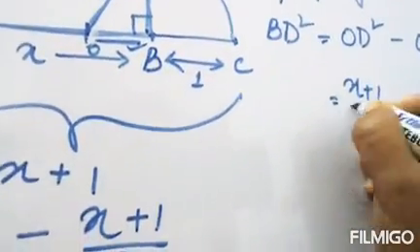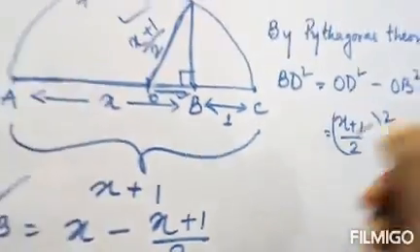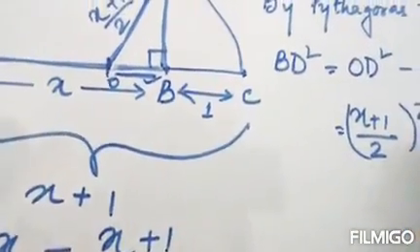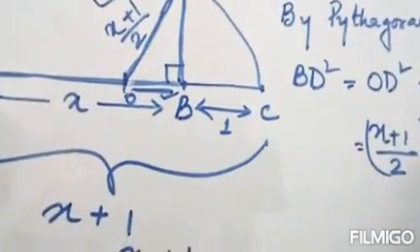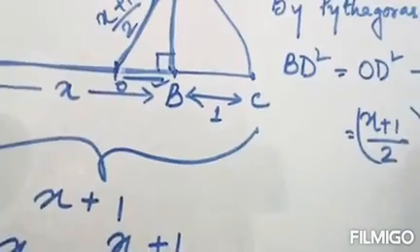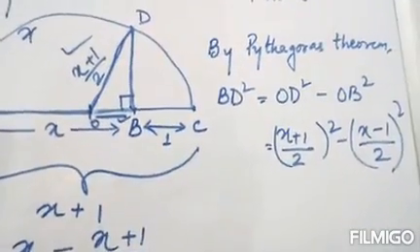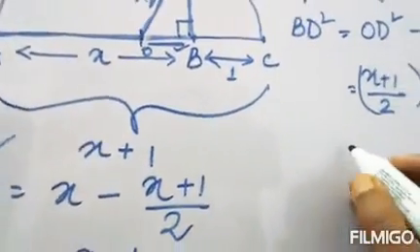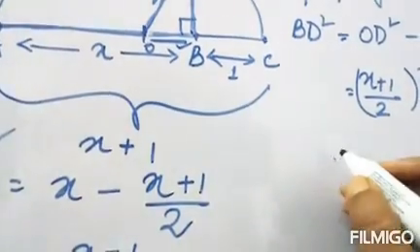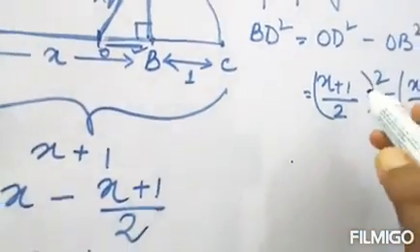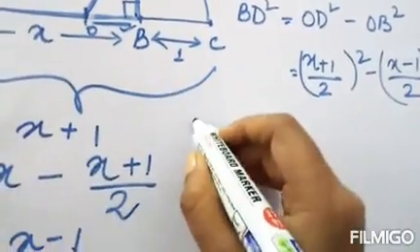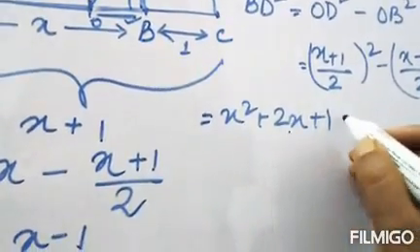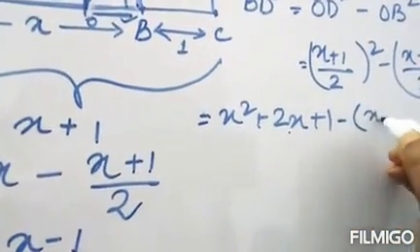So this will be ((x plus 1) by 2) whole square minus ((x minus 1) by 2) whole square, right? And when I solve it, what do I get? This is a whole square, so you need to expand according to the formula.